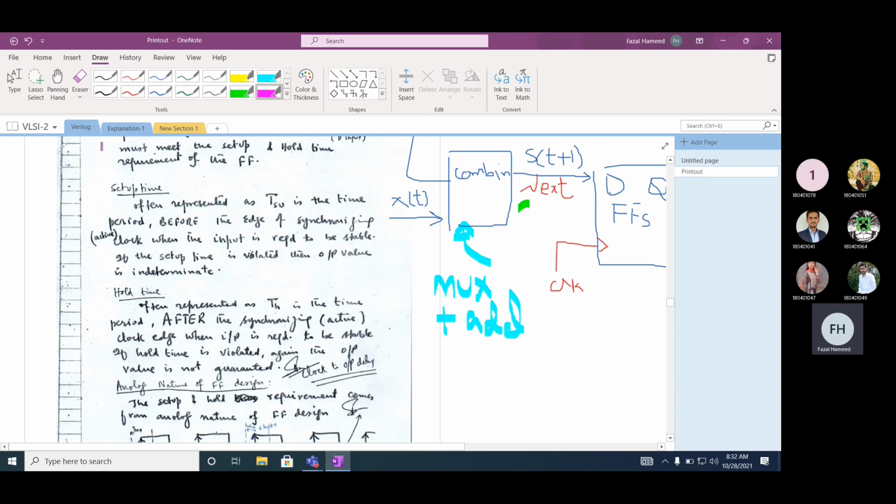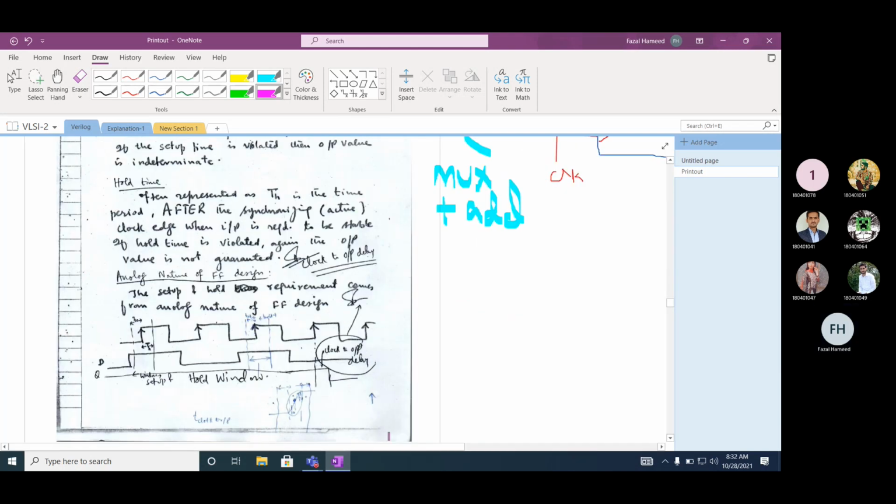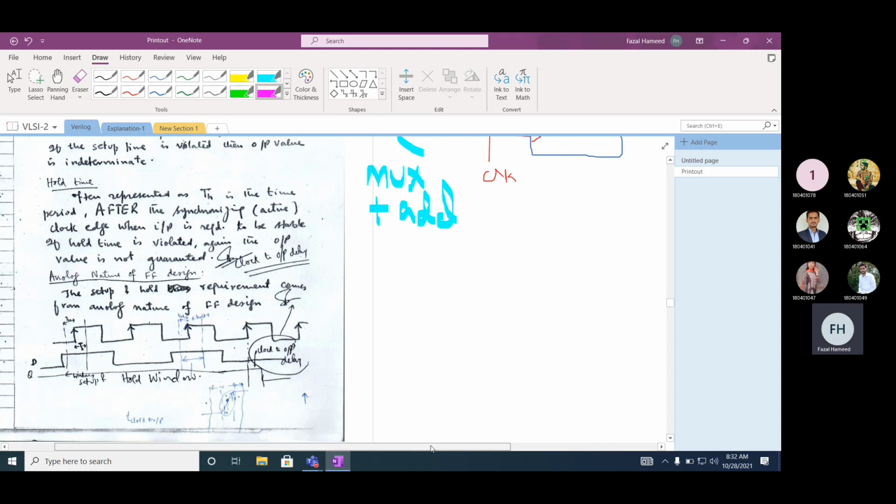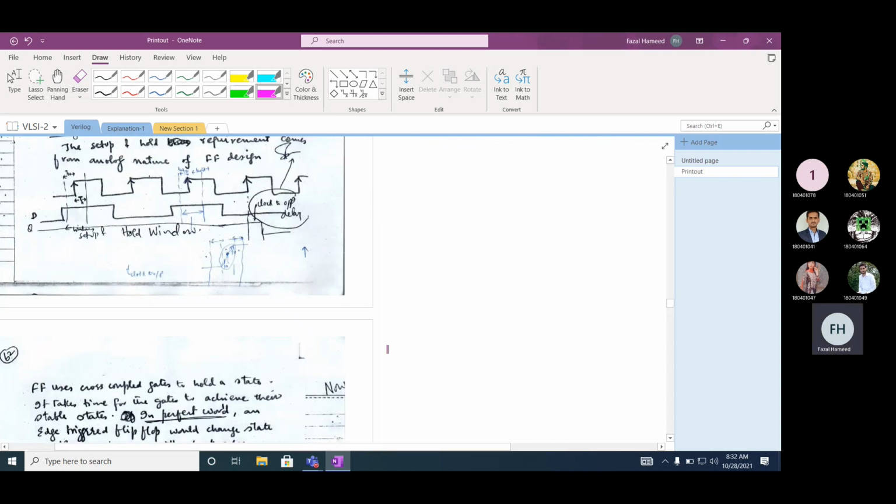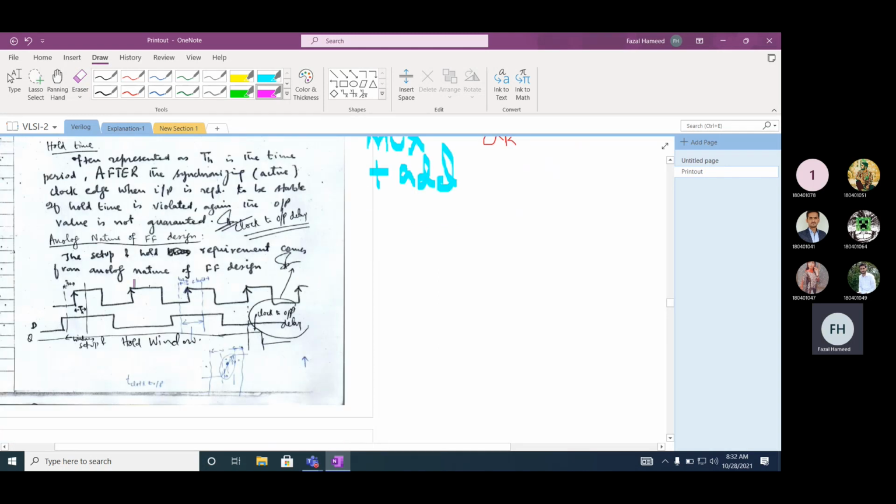Now, if we say that we have a clock, and if you look at this clock, we are only looking at a D type flip-flop.